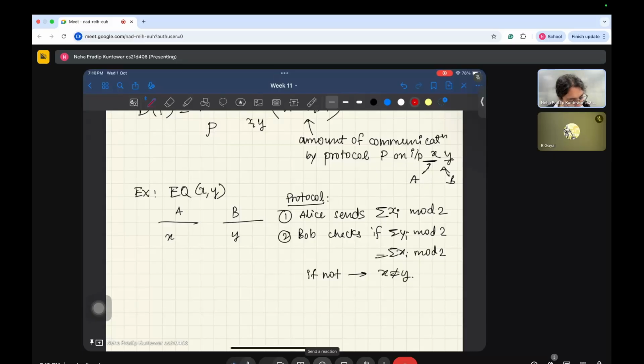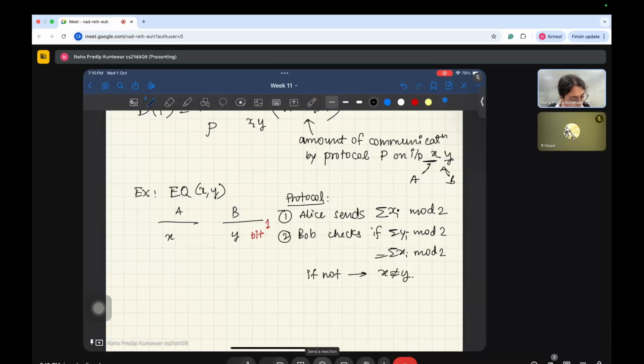So we only did 1 bit of communication so far, but the problem is that if summation y_i mod 2 is equal to summation x_i mod 2, that is, both the summations are equal, then we don't know whether the string x is actually equal to y, or whether they are just parity-wise equal. Then what does she do?